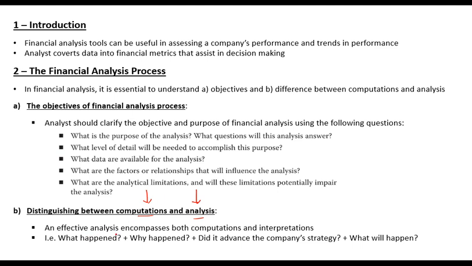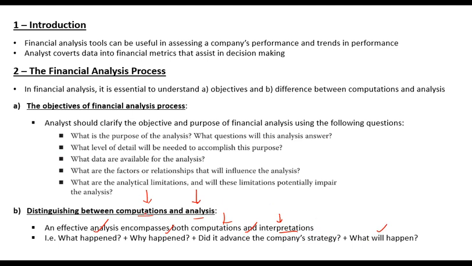So an effective analysis would encompass both computation and interpretation. That is, you compute the data, or you do your calculations on the data and find out trends, and then you interpret it through your analysis. So you need to know what happened, why it happened, and whether it advanced the company's strategy, and what will happen next.